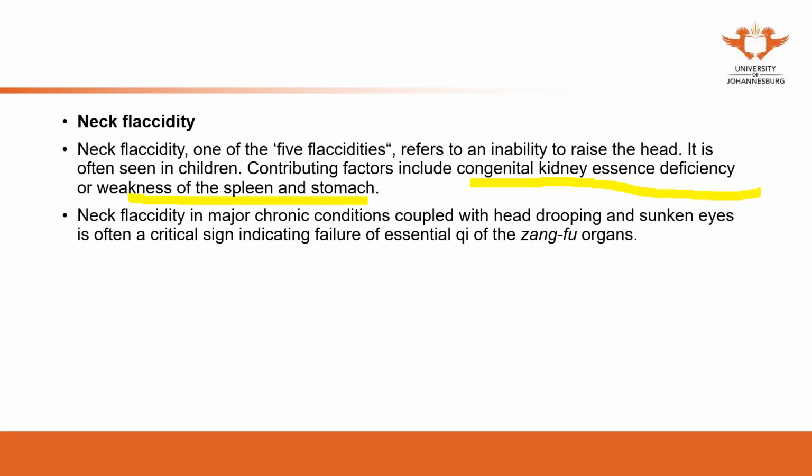So why does the neck become very soft, or flaccid? That's because the bones are not strong enough. The bones come from the kidney, congenital. Why the weakness of the spleen and stomach? The spleen and stomach are the source of acquired qi and essence. So that's also how we're going to treat this kind of problem.